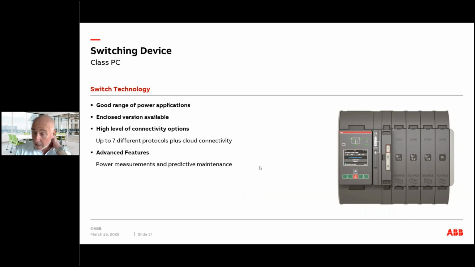Technology wise, like with the air circuit breakers and motor case circuit breakers, there's a raft of different protocols now to connect to third-party monitoring systems such as SCADA, BMS, and whatever plant infrastructure the client has. And you also have a degree of advanced features now, such as power measurements and predictive maintenance. So these units come with a degree of basic controller up to more advanced functionality, depending on the nature of the business concerned.